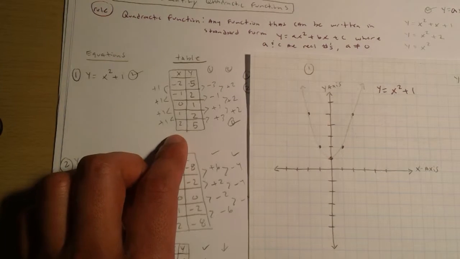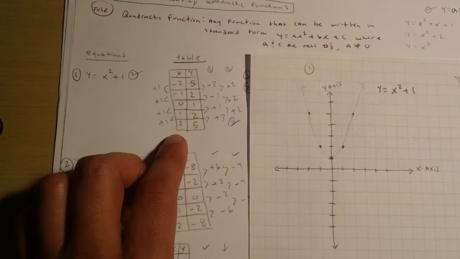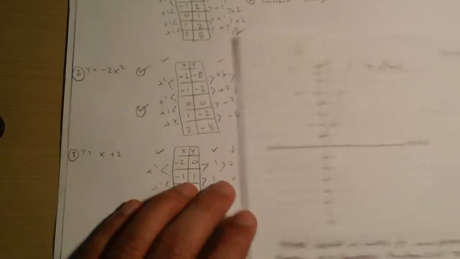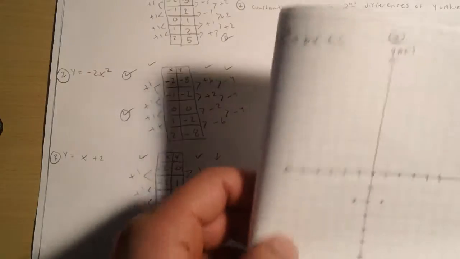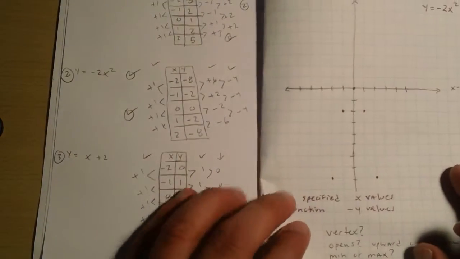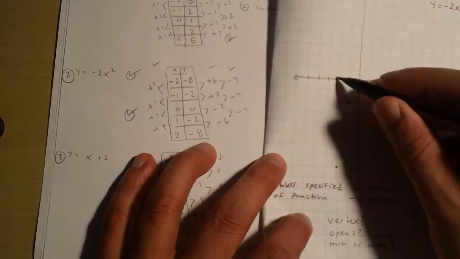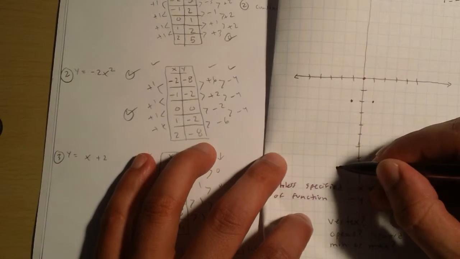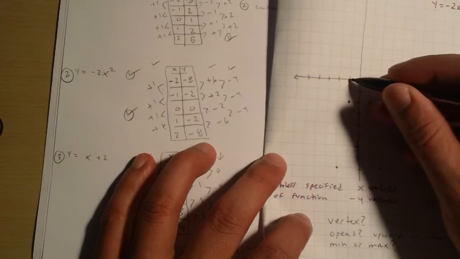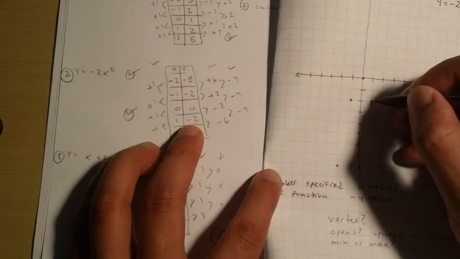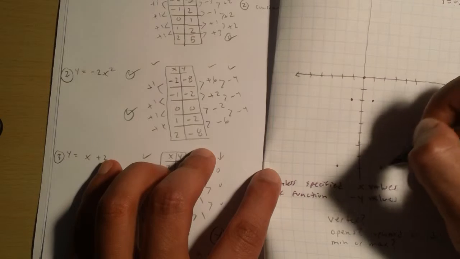Now for our second graph, let's see if we could put this into our video. So our second table, we have negative 2 and negative 8, negative 1 and negative 2, 0 and 0, 1 and negative 2, and 2 and negative 8.